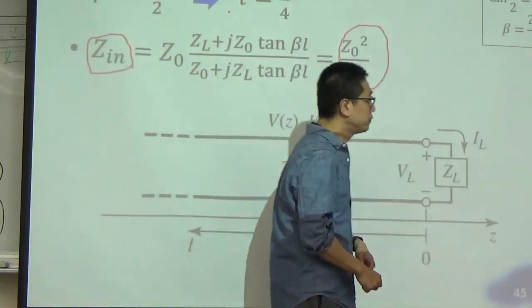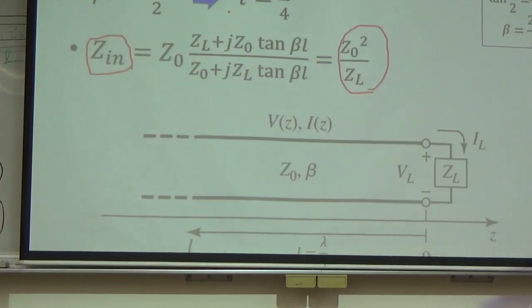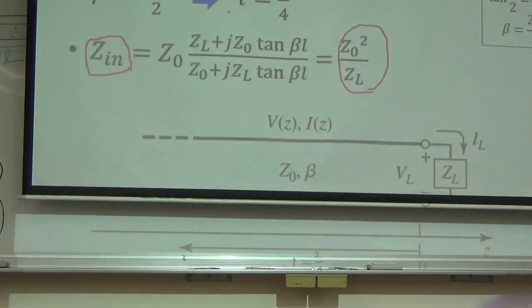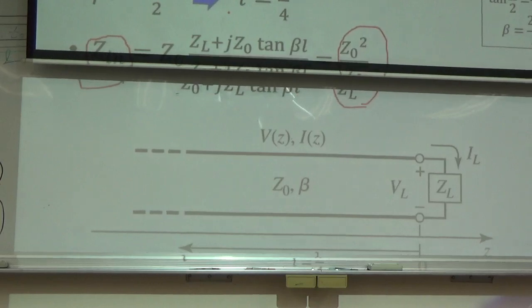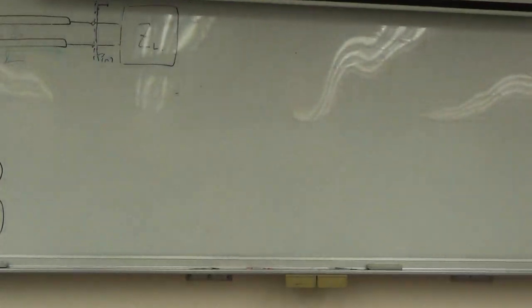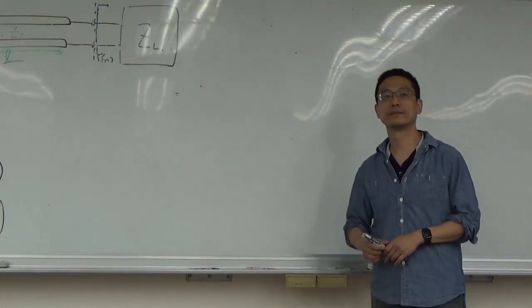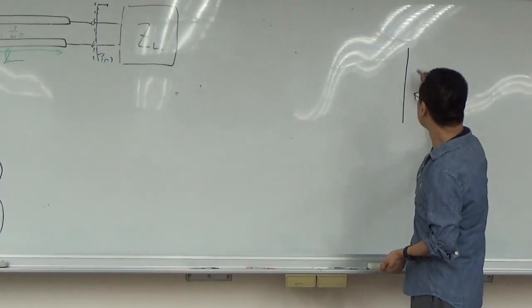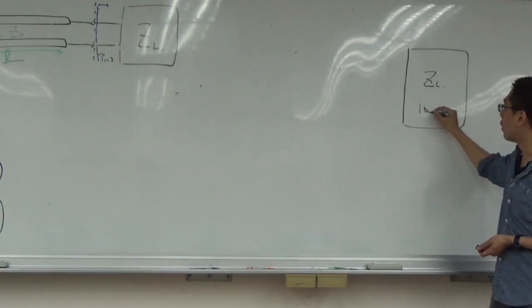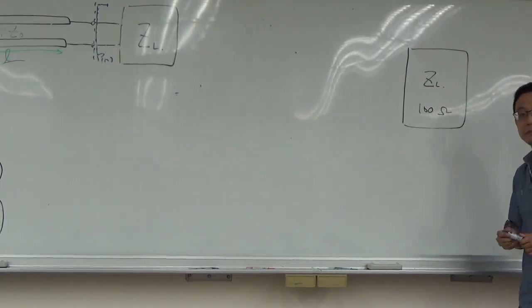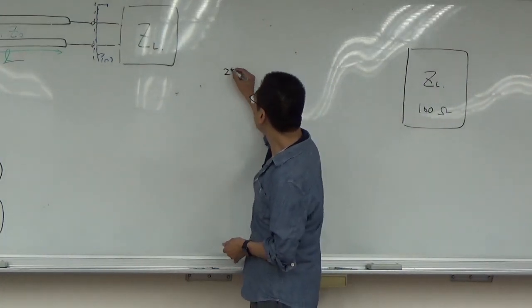Let me make an example. I have a load impedance, maybe 100 ohm. But I don't like it. I want 25 ohm.